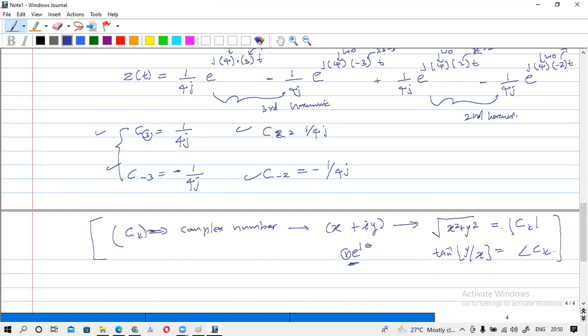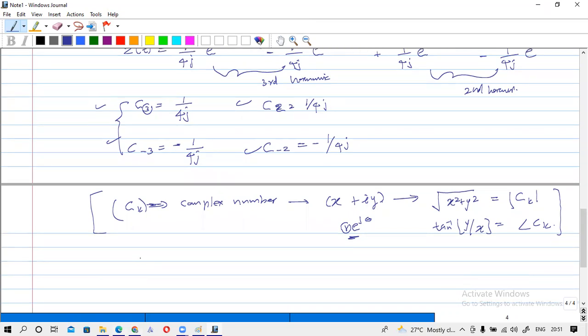So for a complex number, this will be the magnitude, and this will be the phase. For different k values, you will have different magnitude and different phase also.